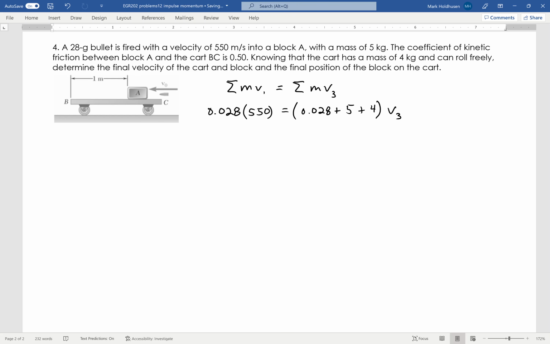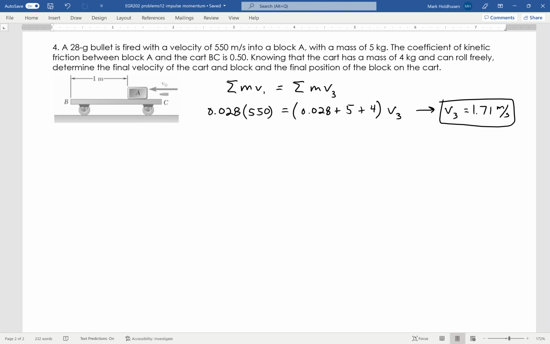For that entire process the momentum is conserved, because all of those forces are internal if I take the system as a whole. From that, I can find that V3 equals 1.71 meters per second.